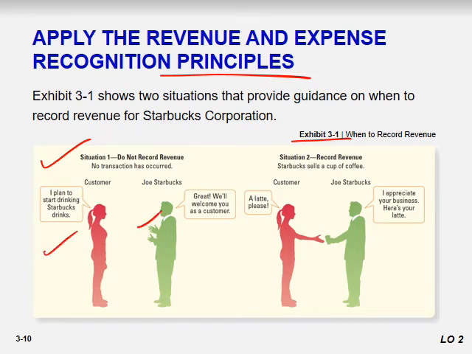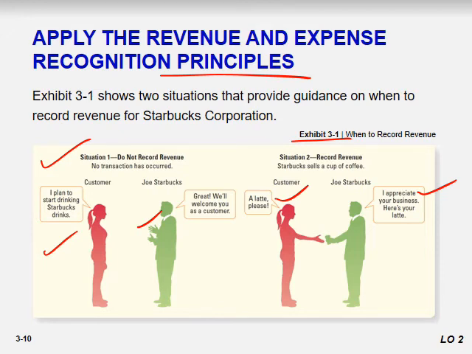Since they are just greeting. In situation 2, a customer places an order for a latte. A transaction has occurred, producing a contract that both parties are obliged to fulfill. Starbucks recognizes revenue when it delivers the product, satisfying its contractual obligation and entitling it to collect the cash.